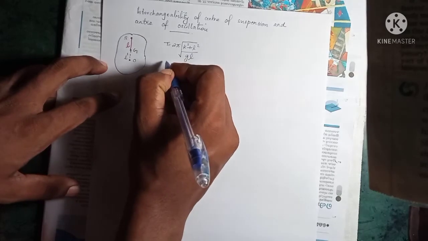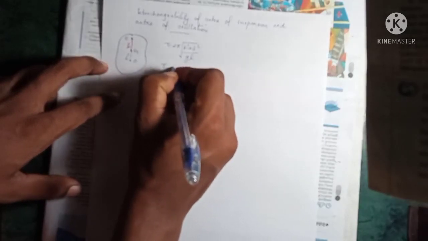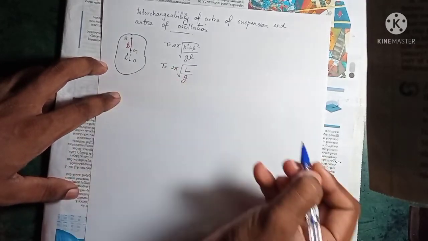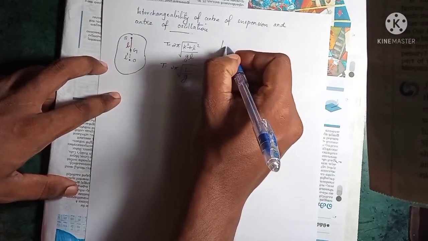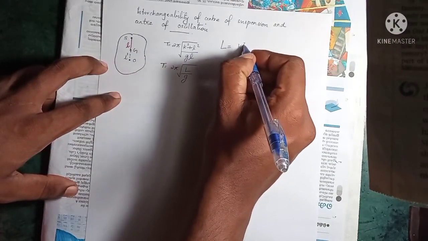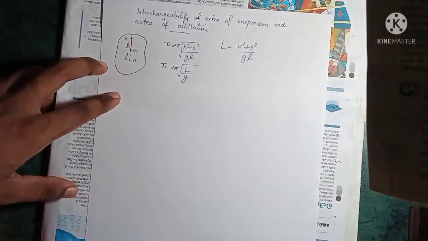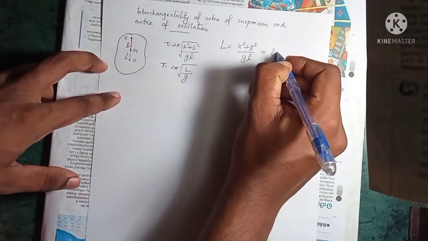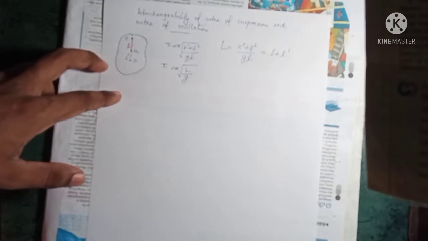So the equivalent simple pendulum time period was given by 2 pi root over l by g, where l was K square plus L square upon GL, which was also equal to L plus L dash. All these things we have discussed in the last class.